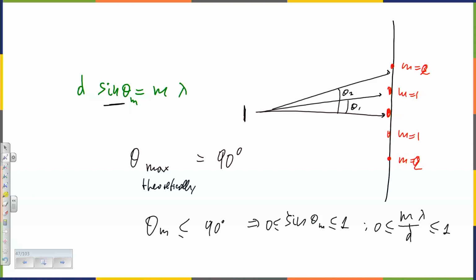The last number which satisfies this condition represents the last maximum we can see. So there is a maximum for m. We call it m maximum. It exists.